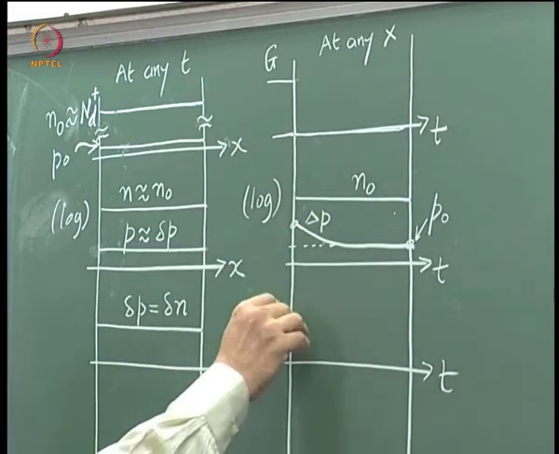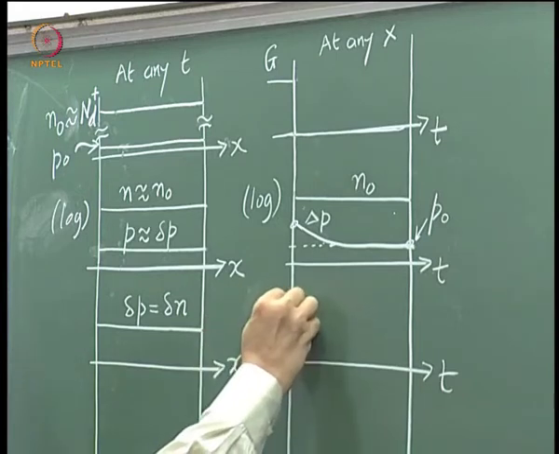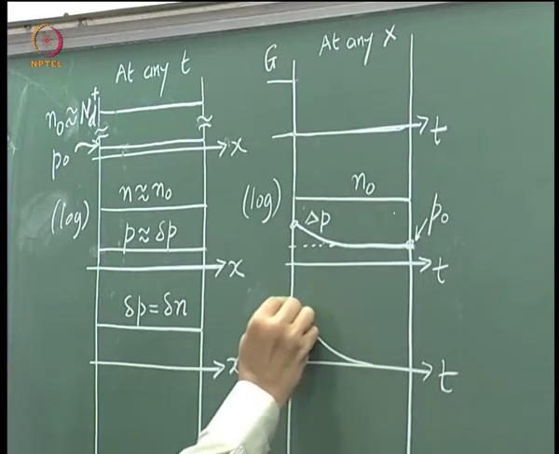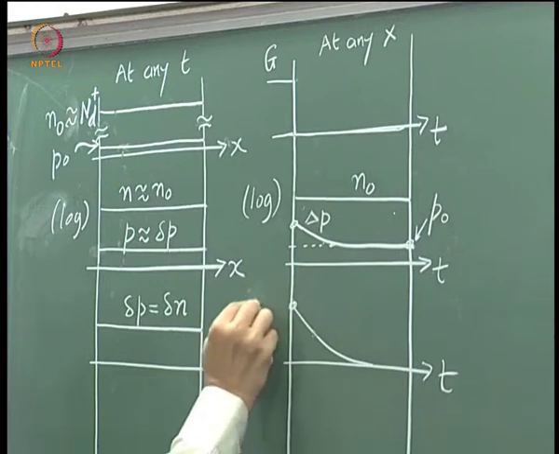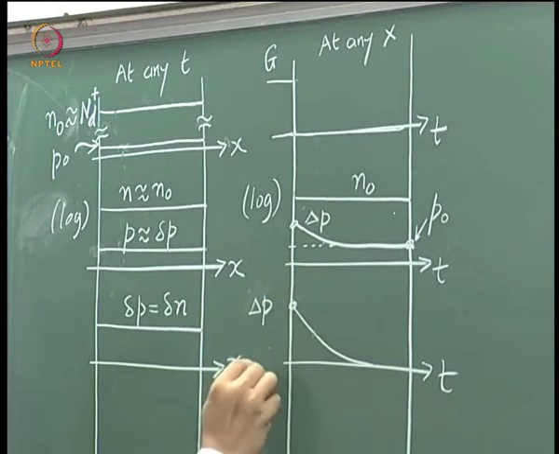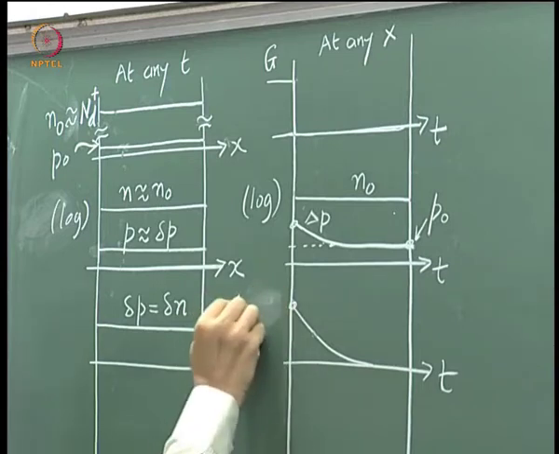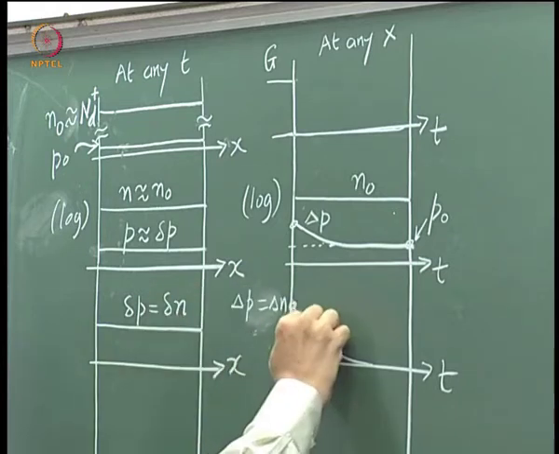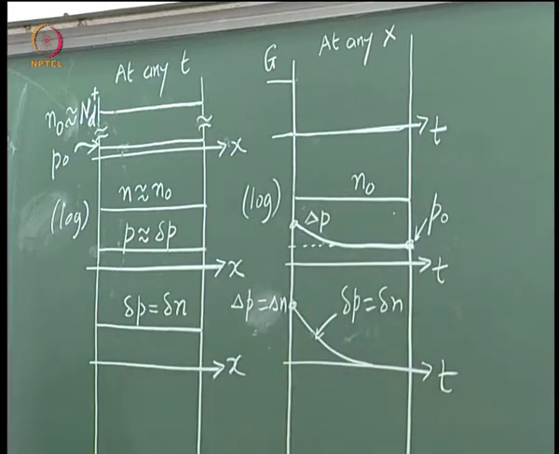So, we now plot on a linear scale, and it would look something like this. This is delta p and it will be equal to delta n. That is this point, and this is equal to delta n.